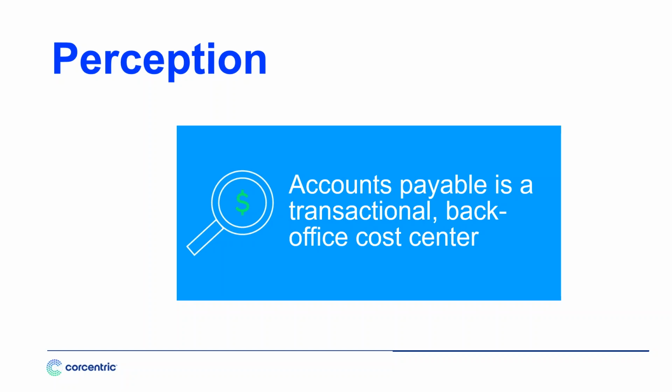It takes effort and dollars to pay bills. That's predominantly what people think and have thought over the years, and that is what it has been. But we're going to show you some ways today that doesn't really put your accounts payable department in an area where it has to be. That might be the way it is today, but it's not the way it has to be in the future.